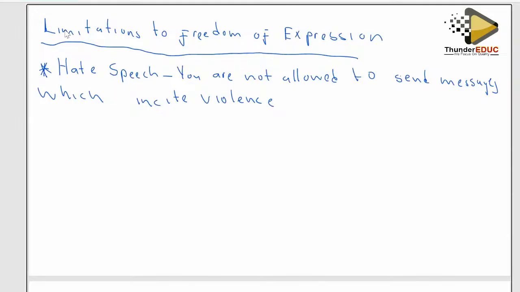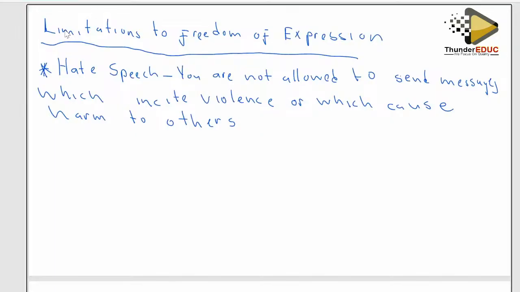You are not allowed to send messages which incite violence or which cause harm to others. That is the first limitation which we have.